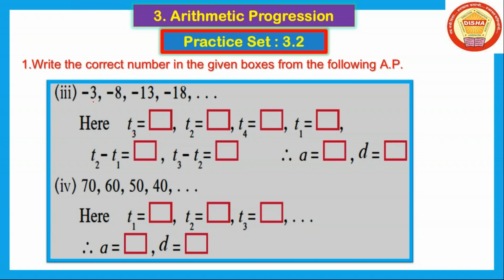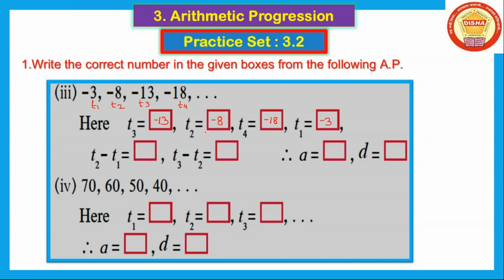See, this is T1, this is T2, and this is T3. In first box we have to write third term, which is equal to negative 13. Okay. And T2 second term is negative 8. Fourth term is T4 here, which is equal to negative 18, and T1 is equal to negative 3.